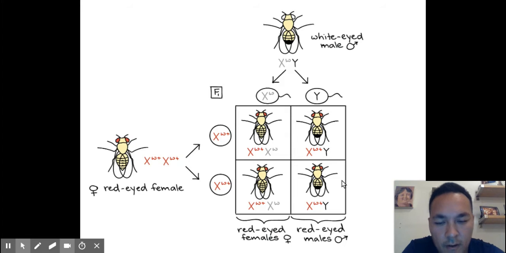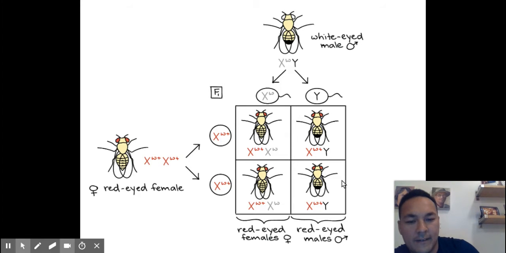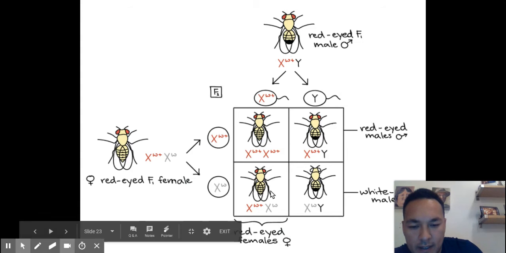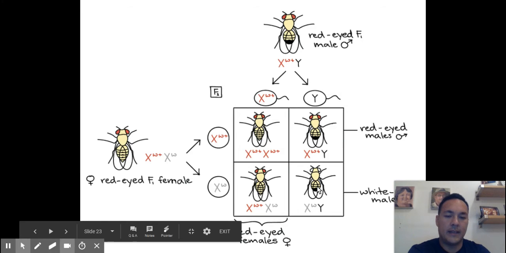So these are all going to be red eyes. This is the F1 generation. Now let's cross that F1 together, the red-eyed female and the red-eyed male, and we're going to get red-eyed females. But look over here, we're going to end up getting some white-eyed males.